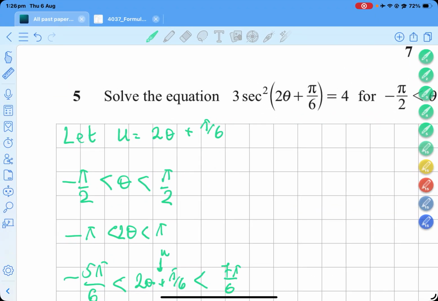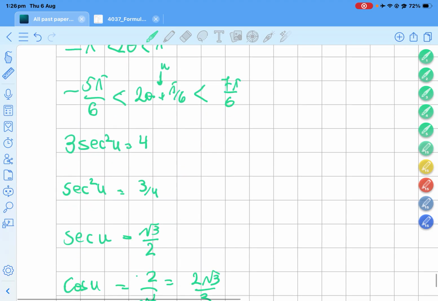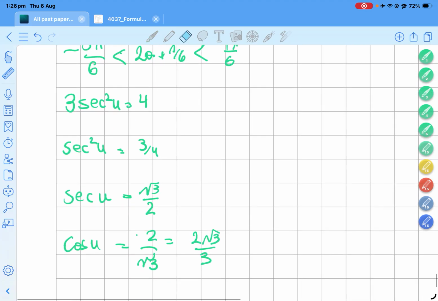Oh, I just realized the mistake was it's 4 upon 3, not 3 upon 4.